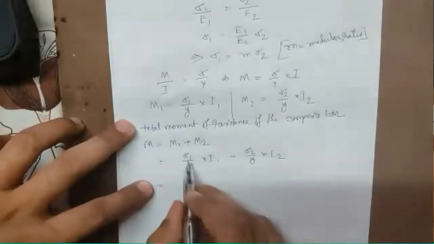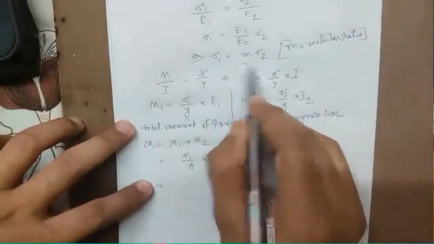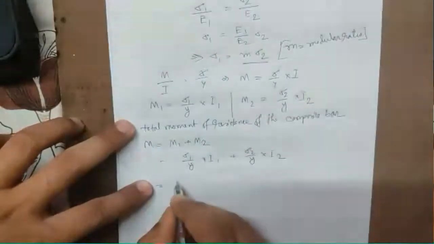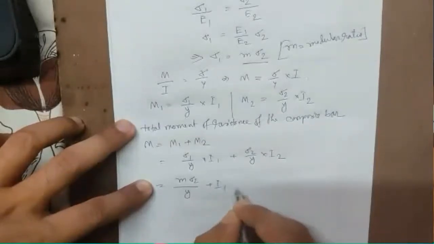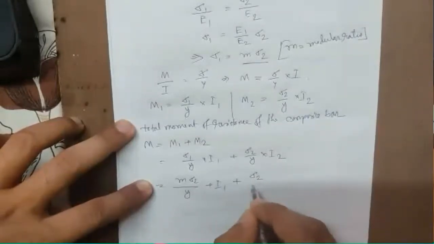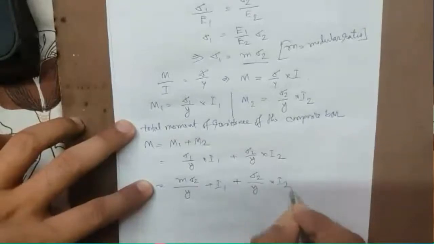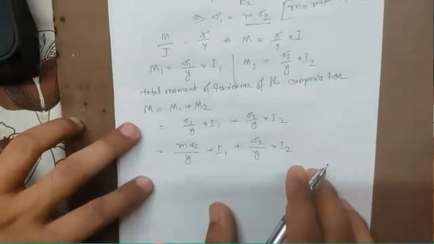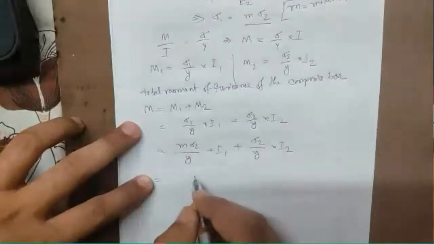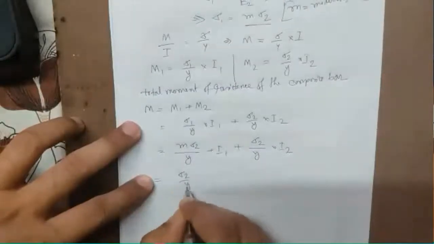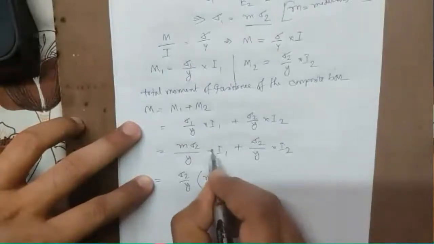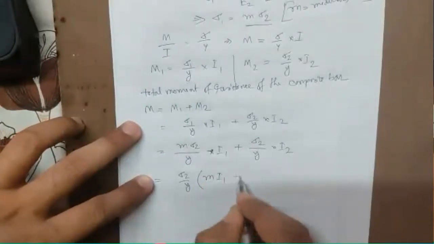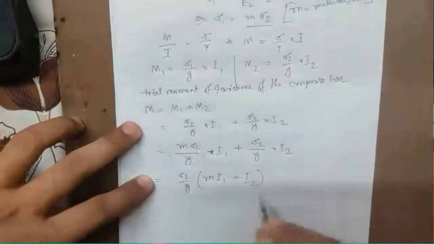So now sigma 1 can be replaced as m into sigma 2, we have already found out. So here we can write sigma 2 by y taken common, m into I1 plus I2.